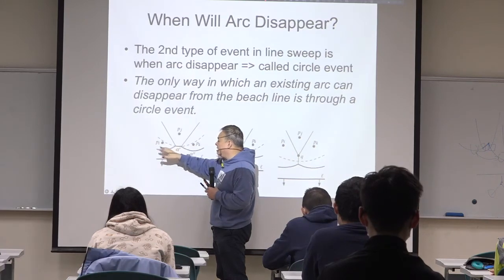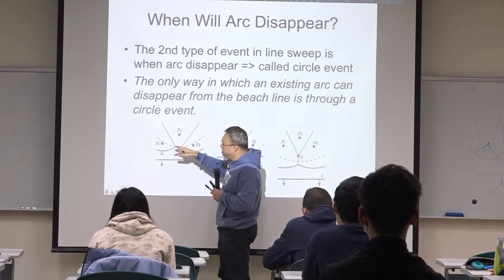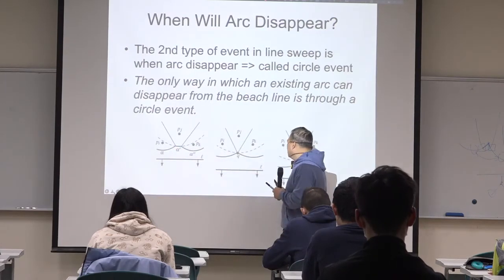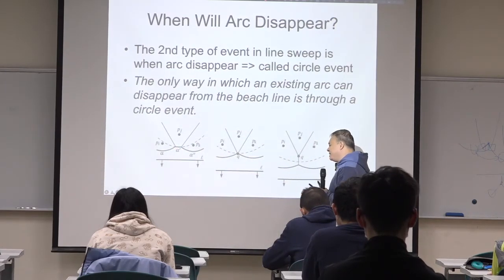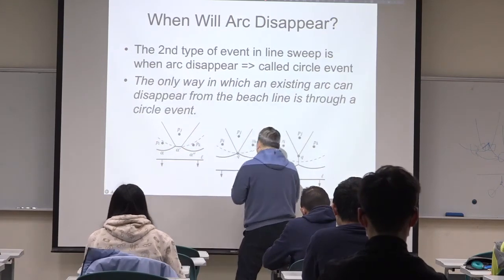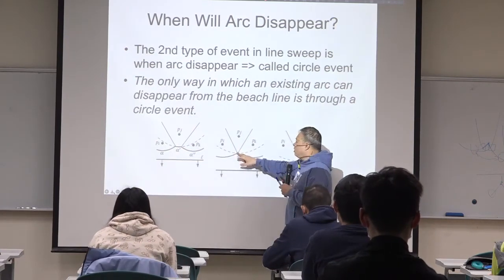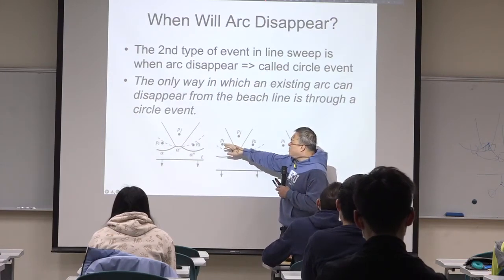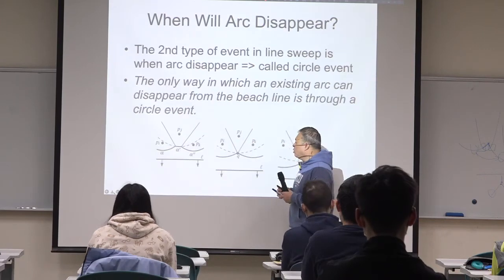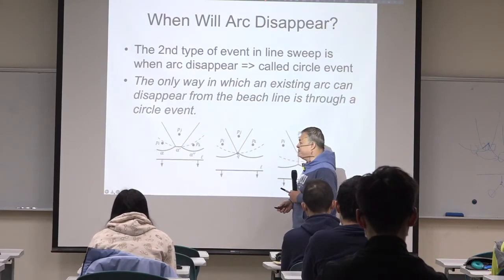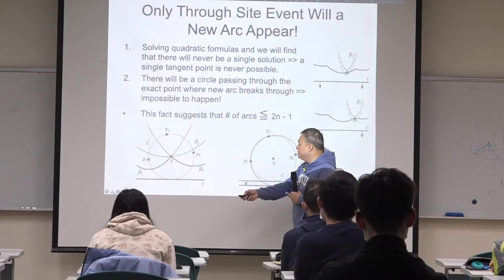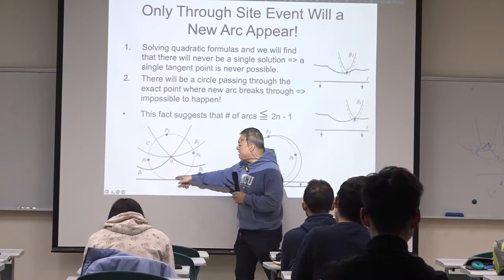It will vanish and make Pi and Pk neighboring to each other. Right before or right at the time when this middle arc disappears, Pi, Pj, and Pk will be on the same circle. So it's going to be something exactly like this.